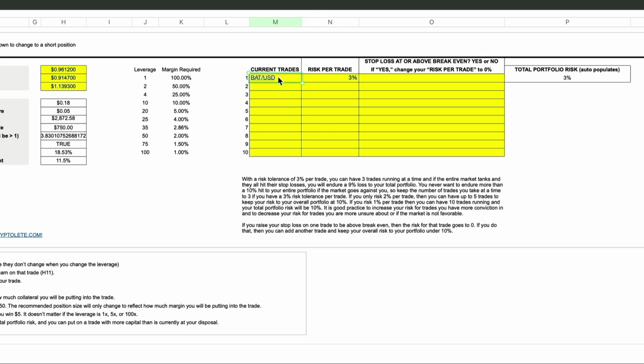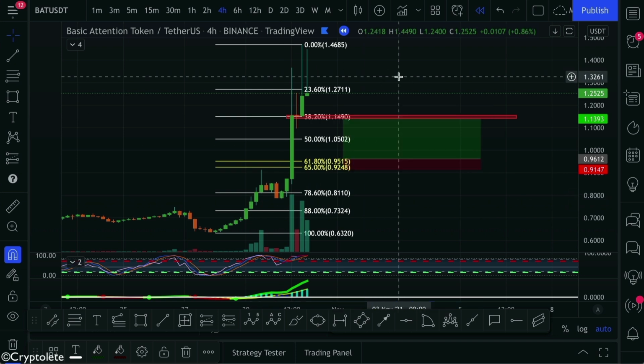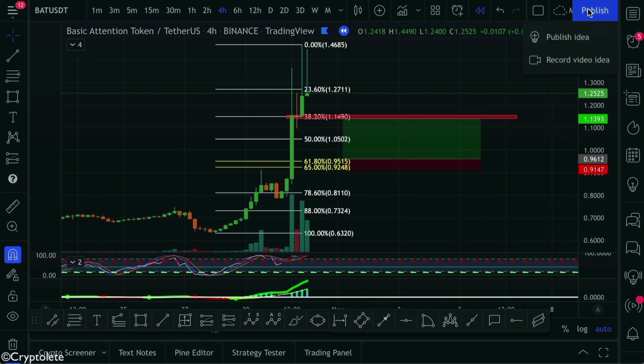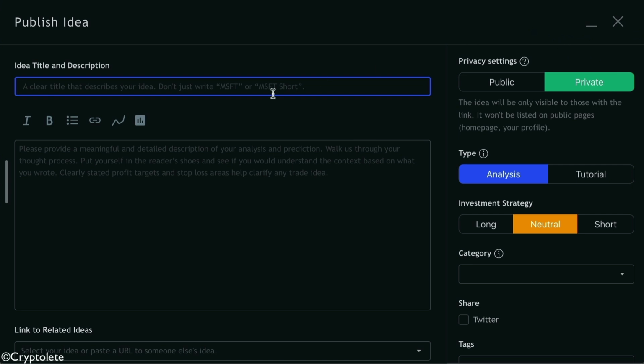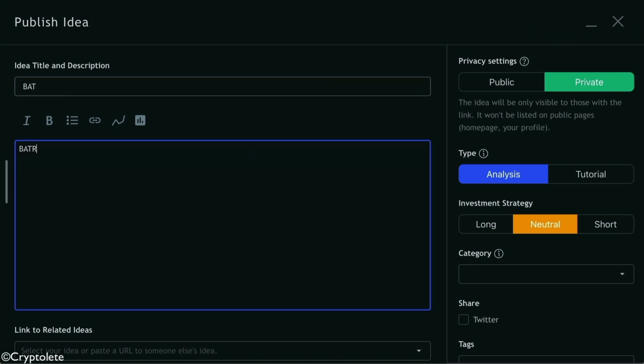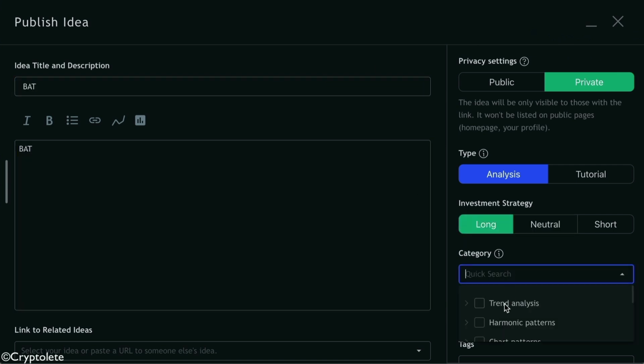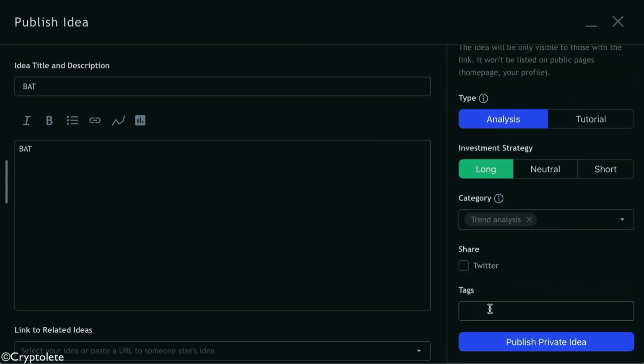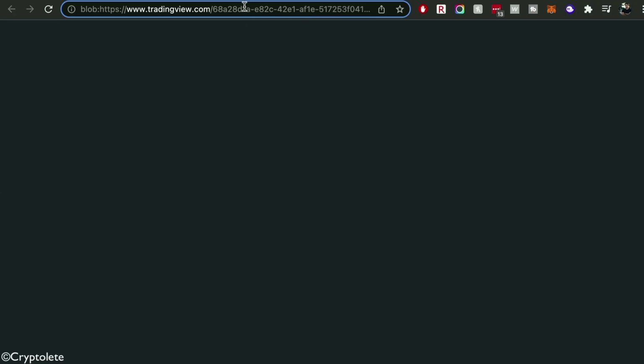And then if we go back into TradingView, what I like to do is click publish idea, and then I will type in BAT right here, click whatever trend analysis, tag it as BAT, publish it, and then copy this right here.